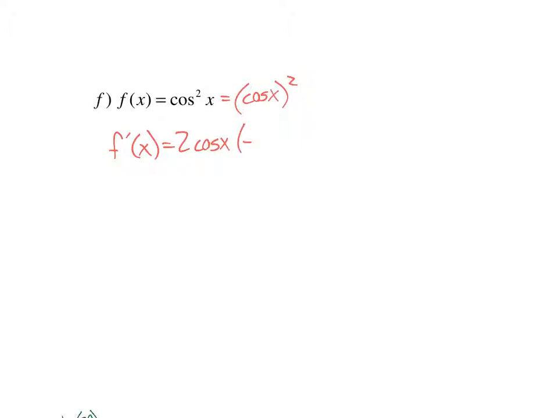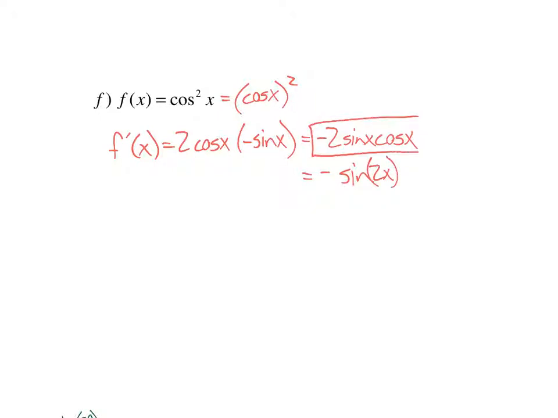The inside's the cosine, and the derivative of that is negative sine. So put it all together, we've got a negative 2 sine x cosine x. If we really wanted, we could keep going and make this a negative sine of 2x, if you remember your double angle formulas, but you don't have to go that far. For right now, you can just stop there.